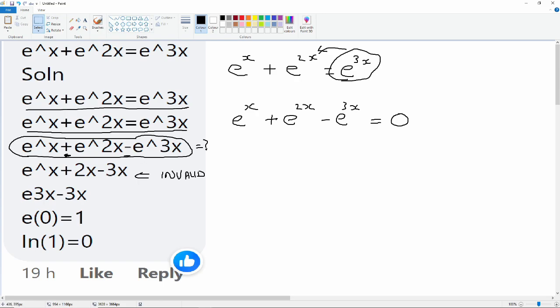Alright, so because that step is invalid, the other steps are going to be invalid. So this is now saying e to the power x plus 2x minus 3x is equal to e to the power 3x minus 3x.